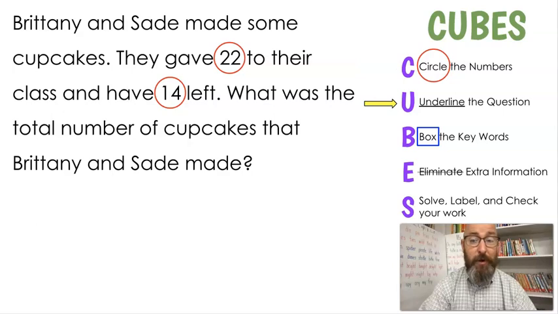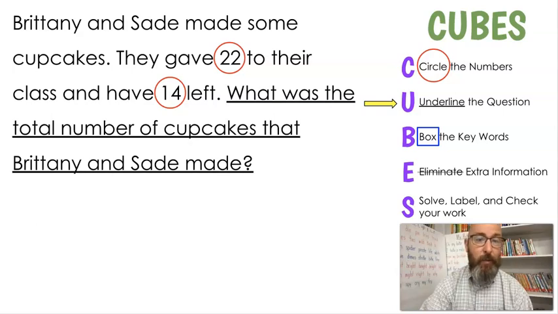Next is U. What does U stand for? Underline the question. So look in the word problem real fast and find that question. Again, look for that little thing that tells us where the question is, the question mark. And our question would be, what was the total number of cupcakes that Brittany and Sade made?